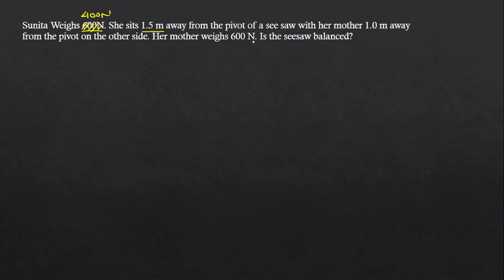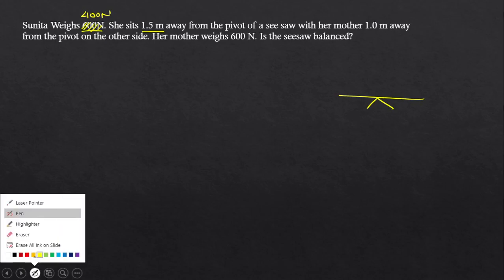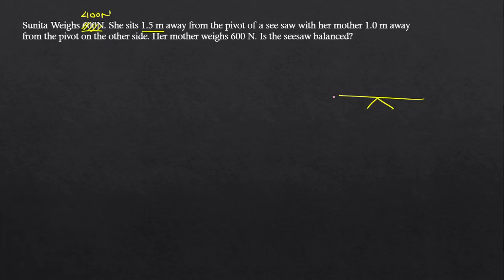Is the seesaw balanced? Now, so let's take a seesaw. Let's say we have two people. So let's say person A, who is Sunita. Sunita is sitting 1.5 meters away from the pivot. So the distance from her to the pivot is 1.5 meters, and she weighs 400 newtons.